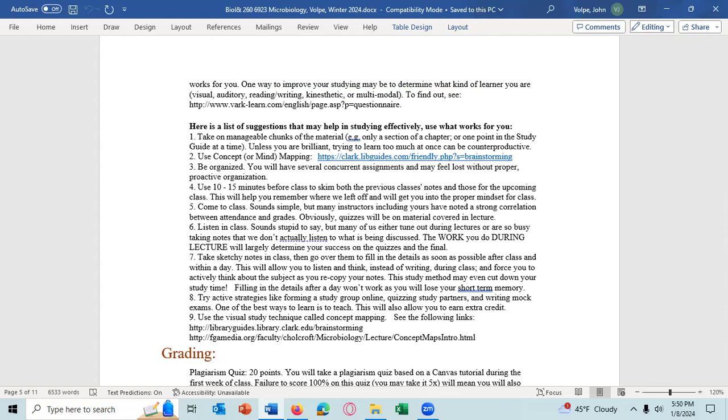You may feel lost without proper organization. Use 10 to 15 minutes before class to scan both the previous class notes as well as the upcoming notes. This will help you remember where we left off and get your mind in the proper mindset for the class to come.